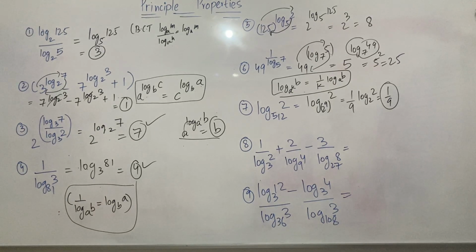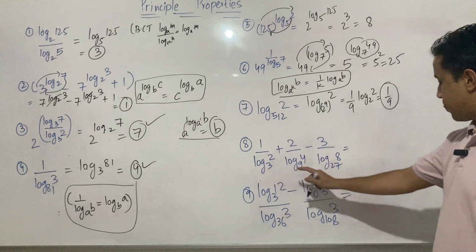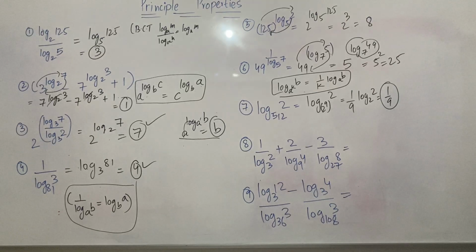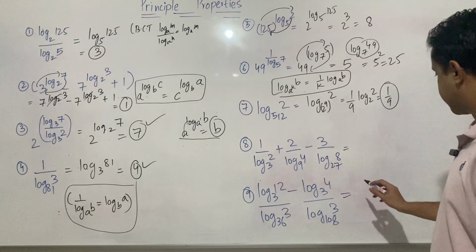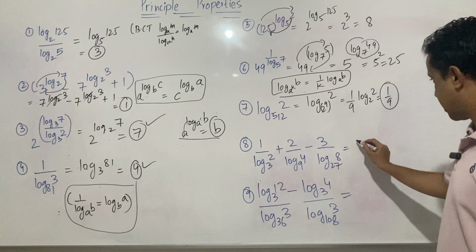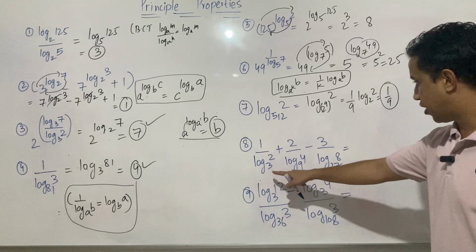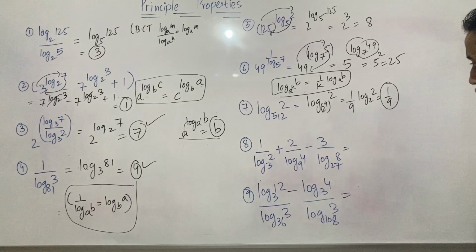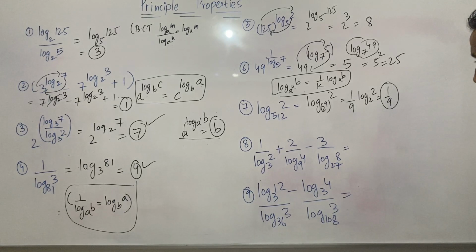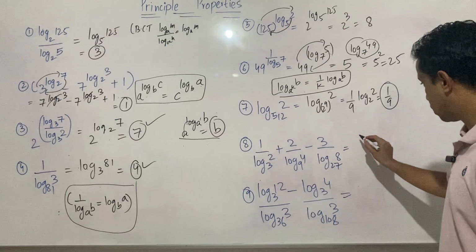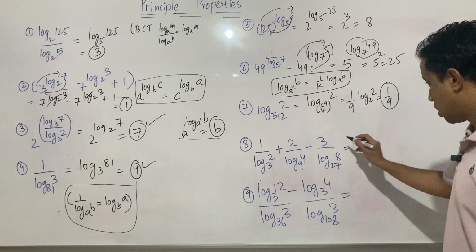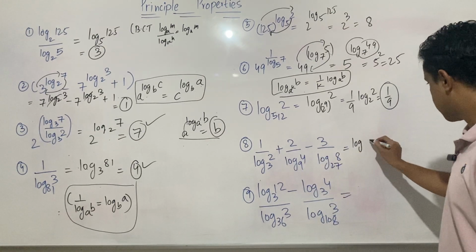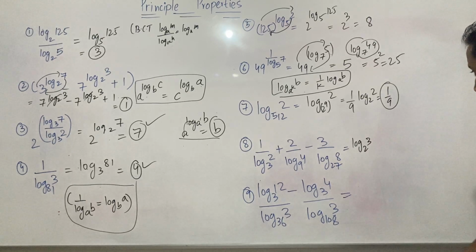Then the next is this. Now this whole thing can be simplified as 1 by log 2 base 3, which can be written as log 3 base 2, right?